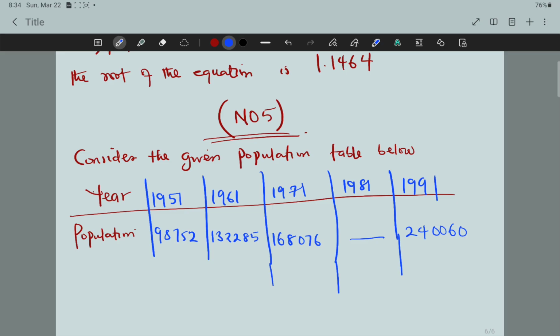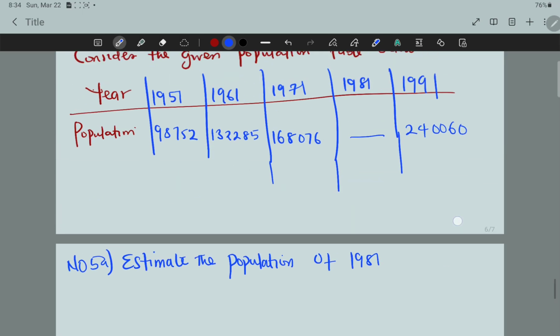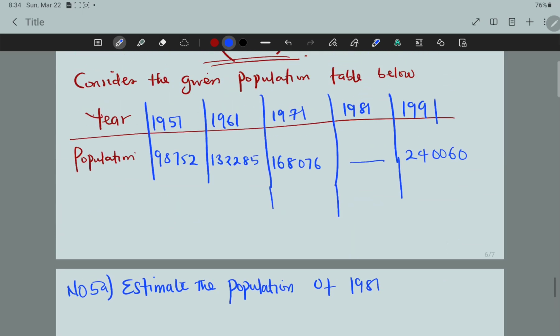Number 5A says estimate the population of 1981. Wow, this is very interesting. Let's look at this together. This is of equal interval.